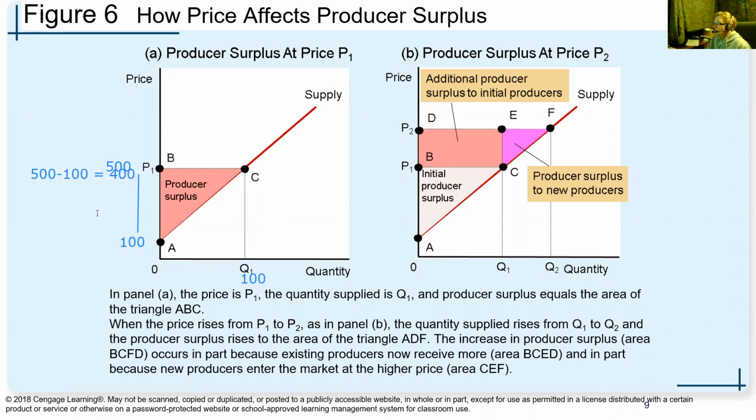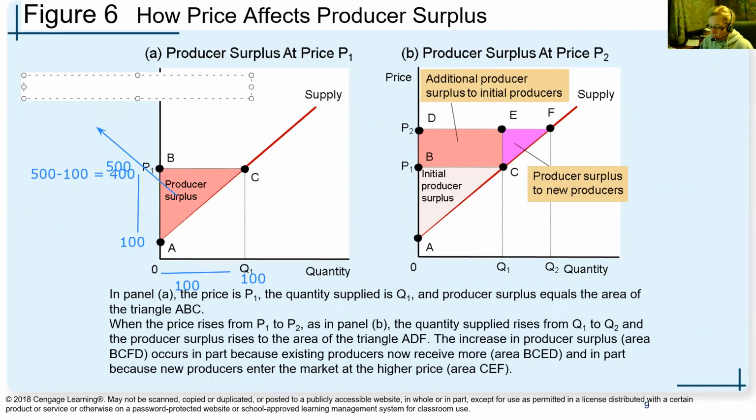I also want to measure the line segment from 0 to Q1. So in this scenario, from 0 to Q1, we take 100 minus 0, and as we know, that is equal to 100. So to calculate the area of this triangle right here, we're going to take 1/2 of the base. I'll just use 100.